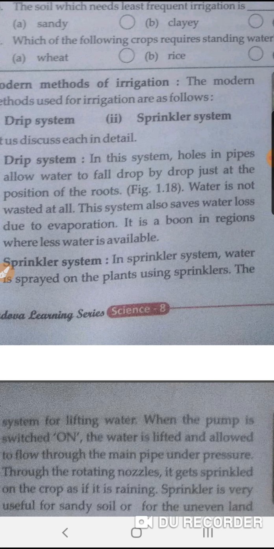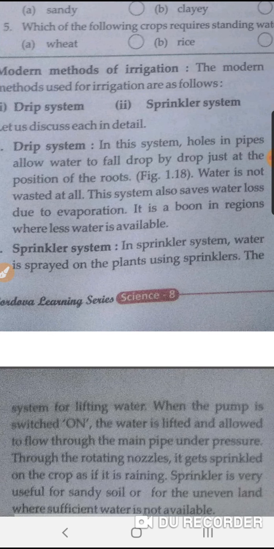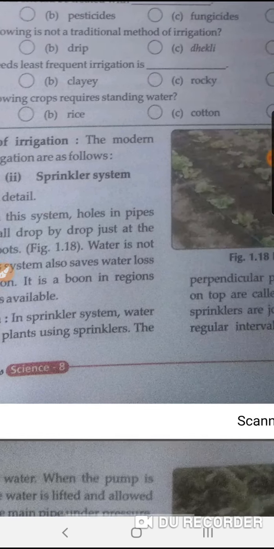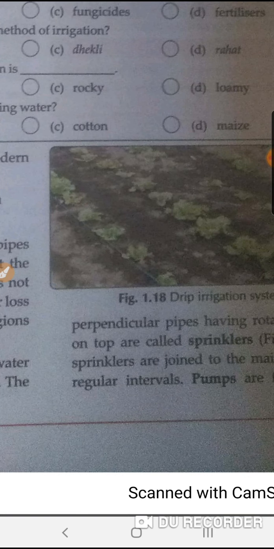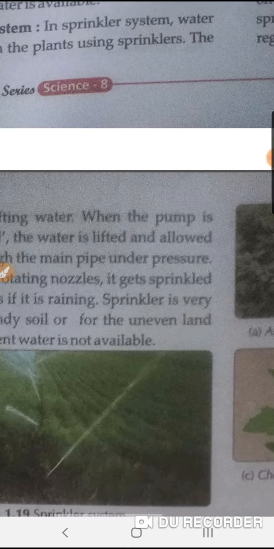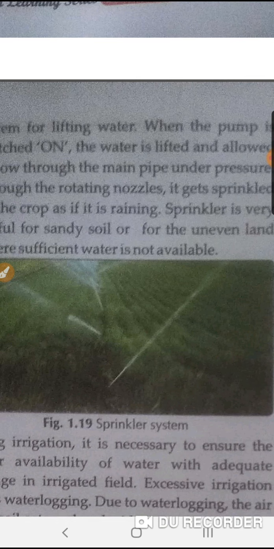The second is sprinkler system. In a sprinkler system, water is sprayed on the plants using sprinklers. These types of sprinklers are attached in the whole field and they irrigate the crop.